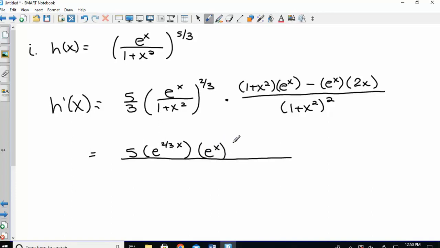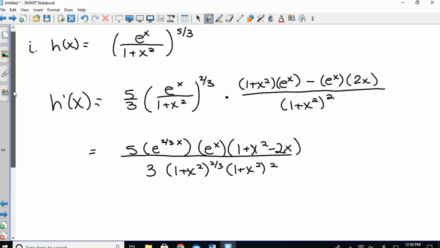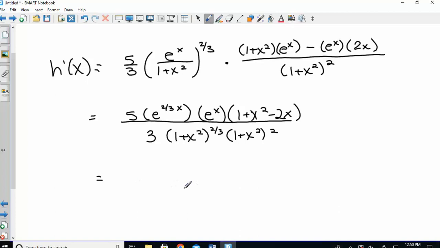Right? For this, I'm going to take out that e to the x. It would leave me with 1 plus x squared minus 2x. I have a 3 on the bottom. This is 1 plus x squared to the 2/3 and a 1 plus x squared squared.